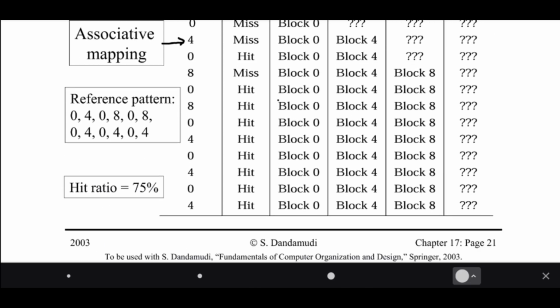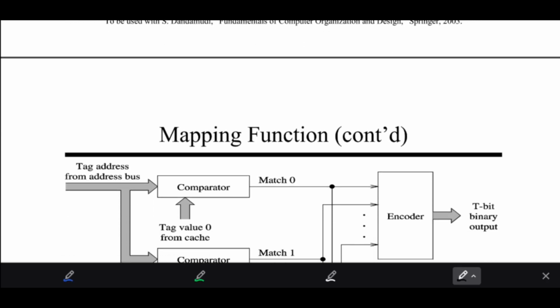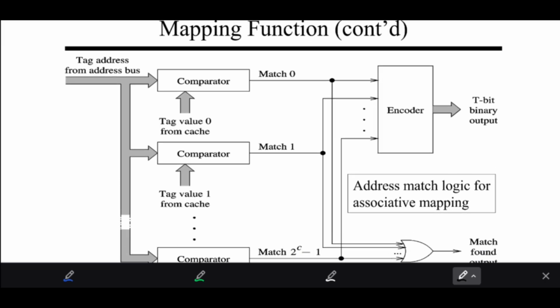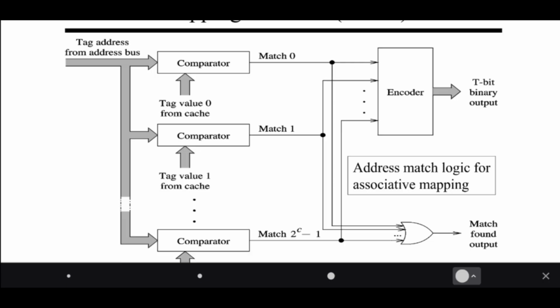You can elaborate the example. Here is the hit ratio and miss ratio, which I have discussed. Then here is an example of the mapping function, how it actually occurs.